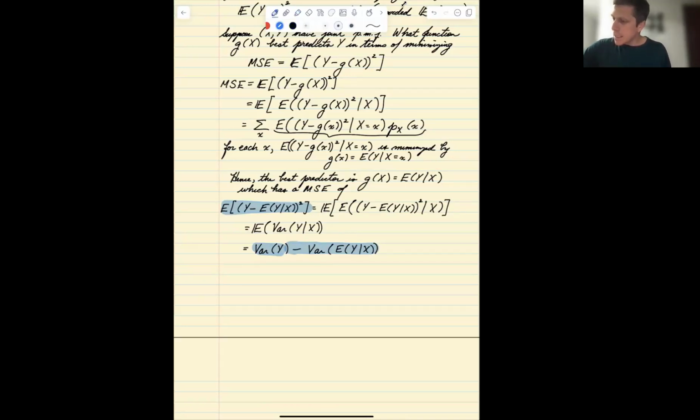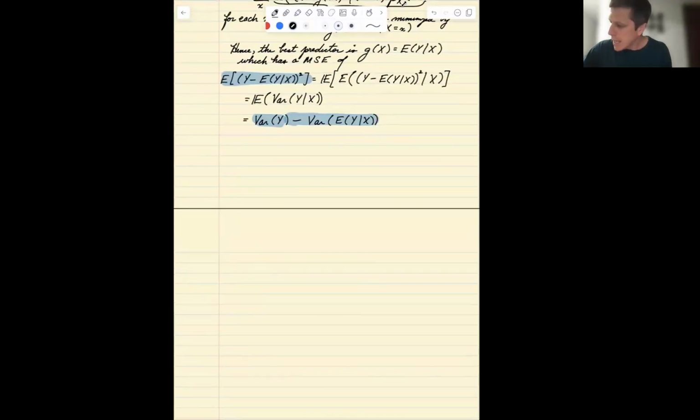Well, in statistics, a lot of times we might not be able to calculate the conditional expectation of Y given X generically. And so we consider the question of not just the best predictor using X, but what's the best linear predictor?